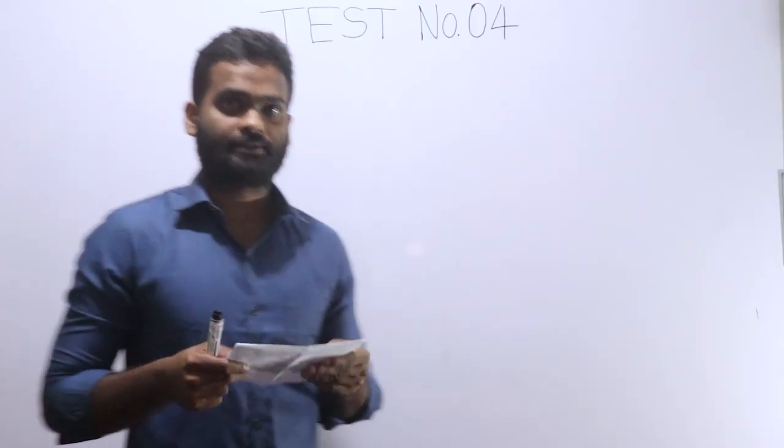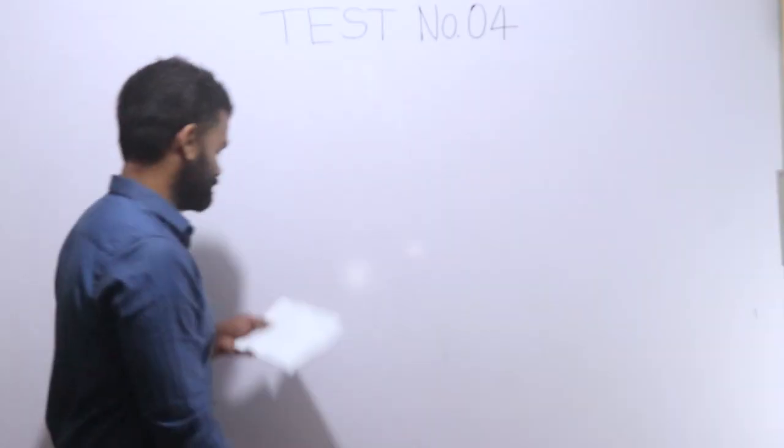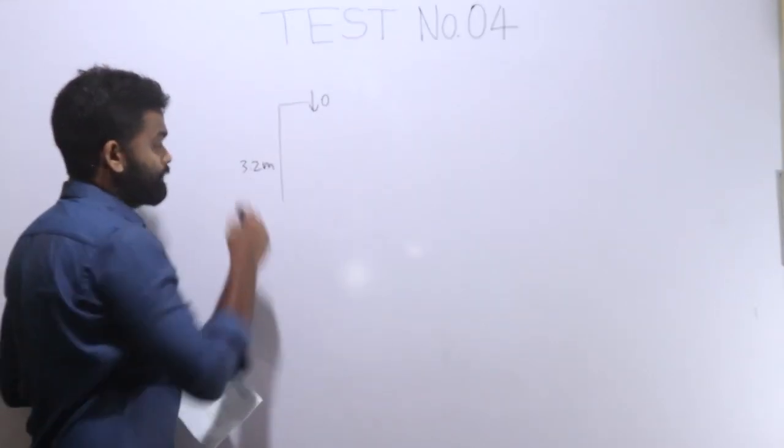Okay, next question, sixth question. Velocity gained and time required for an object released from a height of 3.2 meters from the ground is. They are asking for the velocity as it reaches the ground, right? They release the object at a height of 3.2 meters.